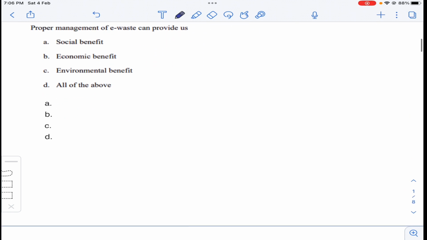Coming to question number 2, proper management of e-waste can provide us.